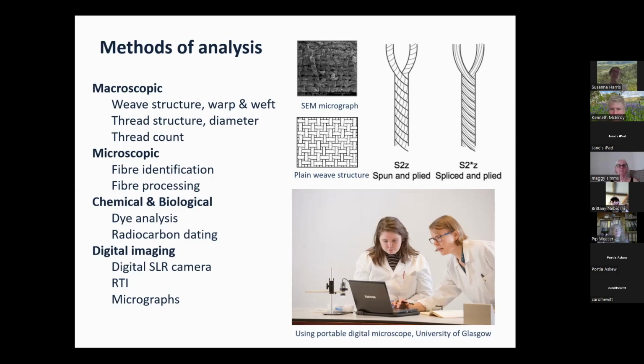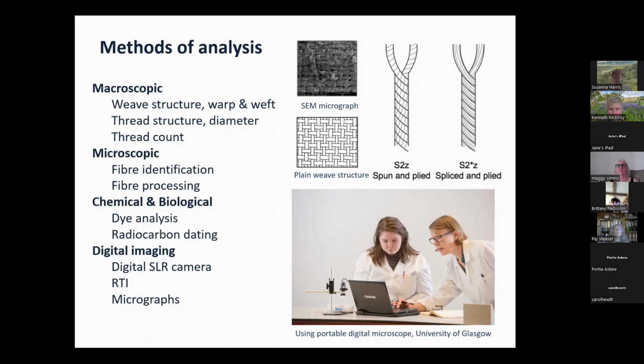There are other ways, such as digital imaging. Of course, photographs with cameras are a classic way of recording and then being able to study those textiles in detail. But then there are techniques such as RTI, reflectance transformation imaging, which is a way of looking at imprints in particular, to understand the structures, to understand details of surfaces, and micrographs through all sorts of different microscopes, an element of digital imaging.